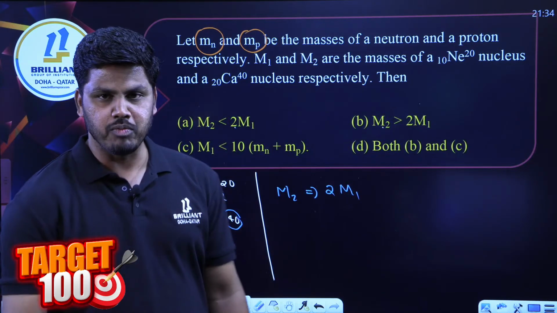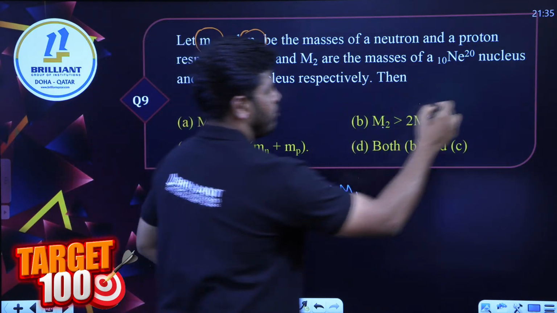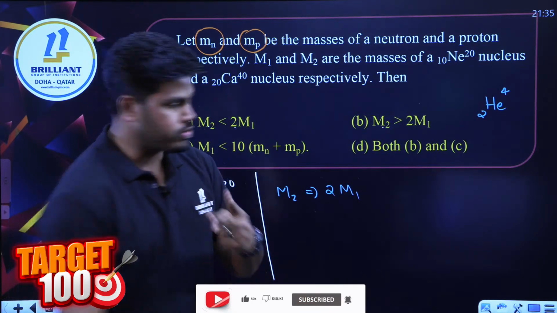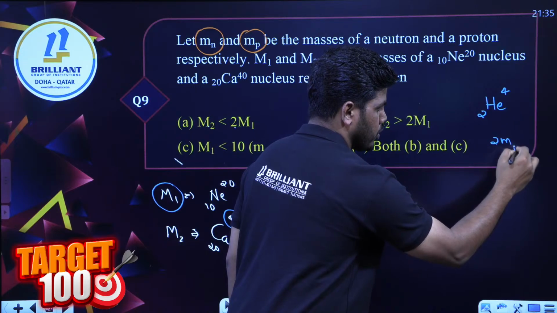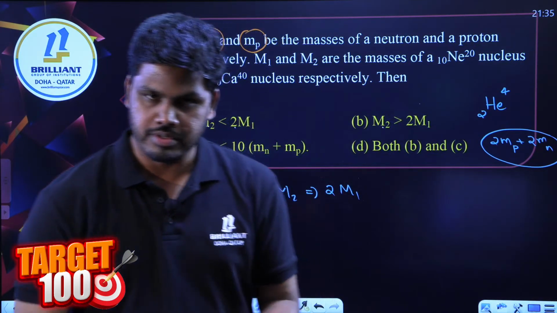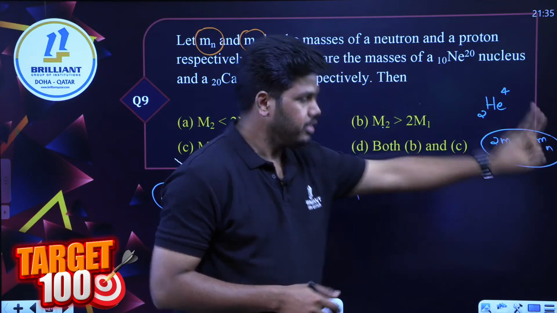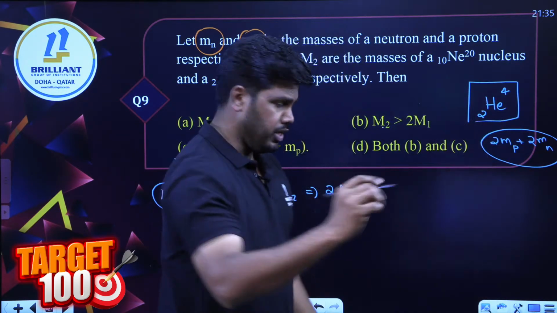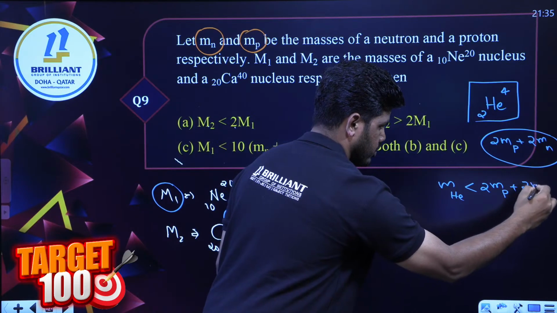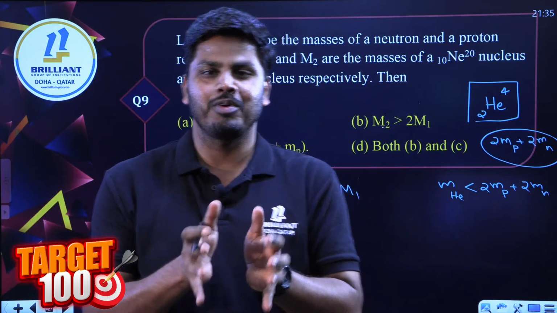But we know when we form nuclei like that, for example, a helium nucleus has mass number 4 and atomic number 2, which means it has 2 protons and 2 neutrons. 2 times the mass of proton plus 2 times the mass of neutron is supposed to be the mass of the helium nucleus, but the actual mass of the helium nucleus is less than that. The actual mass of a nucleus is always less than the total mass of its constituent particles.